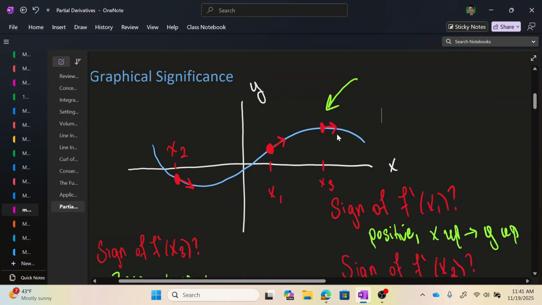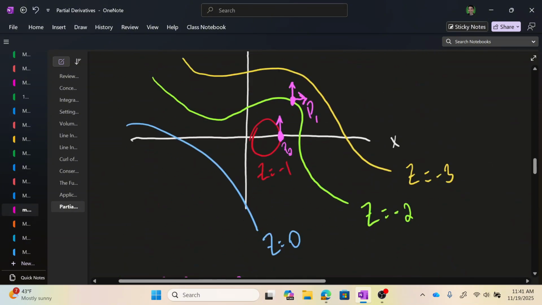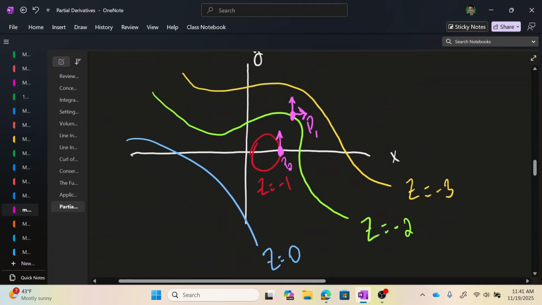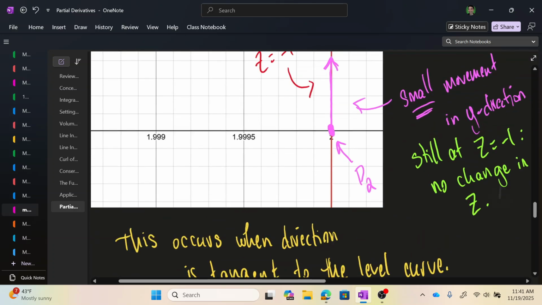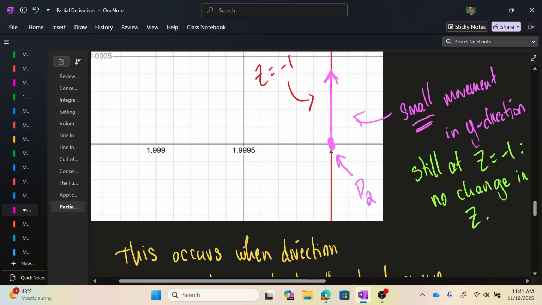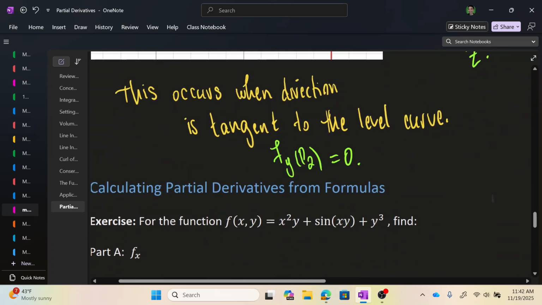And so we get a 0 derivative from this point. And exactly the same thing is happening here. At the point P2, the y direction is tangent to the level curve. So a very small movement in that direction keeps you on that level curve, and so your z values basically don't change at all, resulting in 0 for the value of the partial derivative.